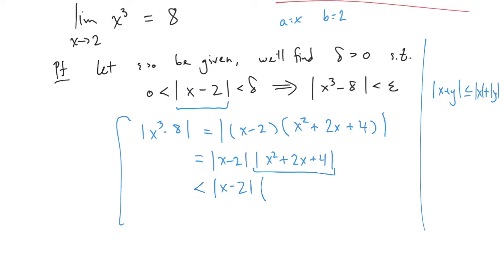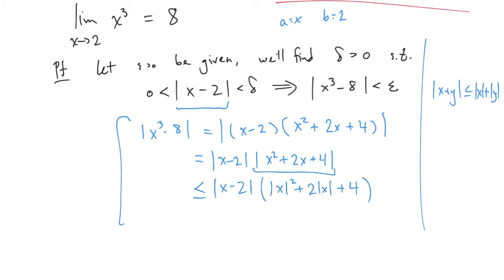I leave the x minus 2 because it's already what I want, so I'm going to leave that like it is. But this part over here, I'm going to replace by absolute value x squared plus 2 absolute value x plus absolute value 4, which is 4. So I split up the absolute value of the sum of things into the sum of the absolute values, and I factored out the 2 from the middle one.